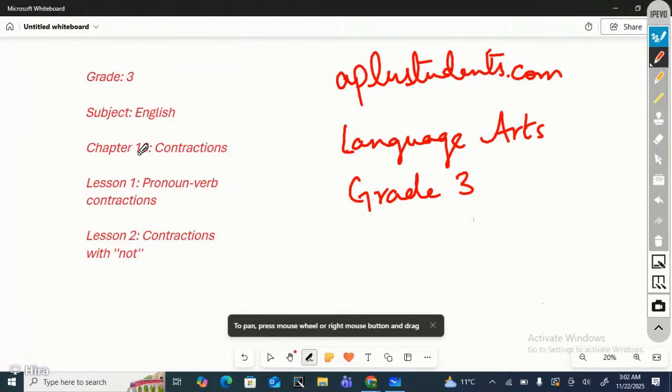Today we are going to study Chapter 16, Contractions.